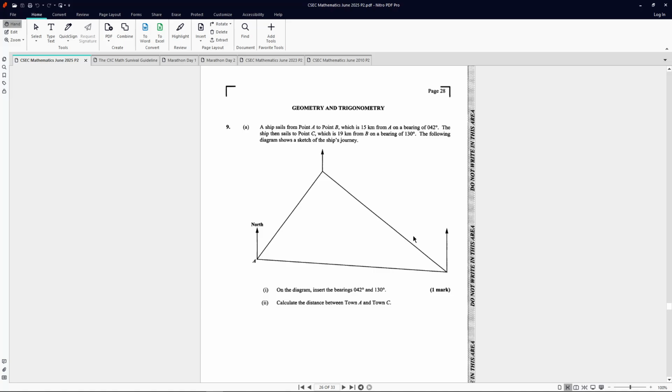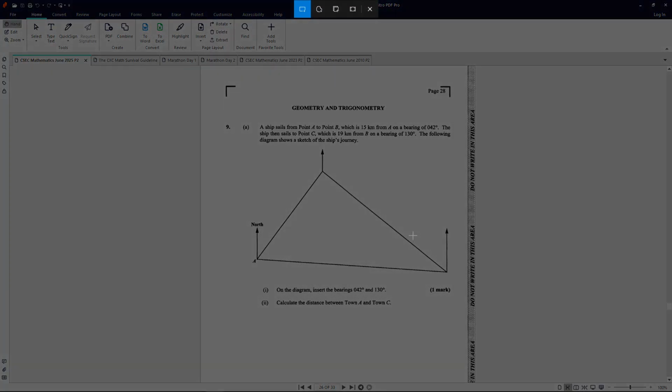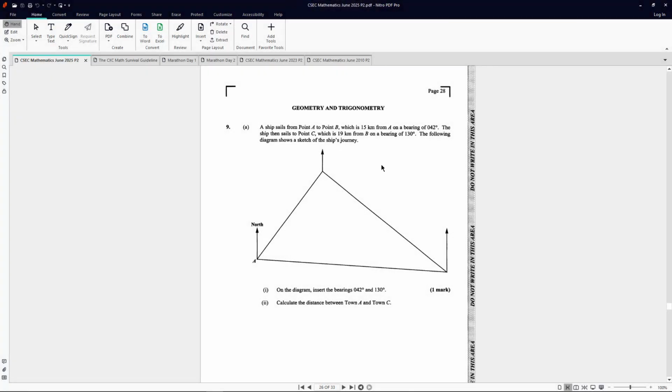Alright, so let's look at 2 bearings questions. So this is from the 2025 paper. How was the paper from the marathon? The one that you guys had the other day over the Easter break. It wasn't bad.